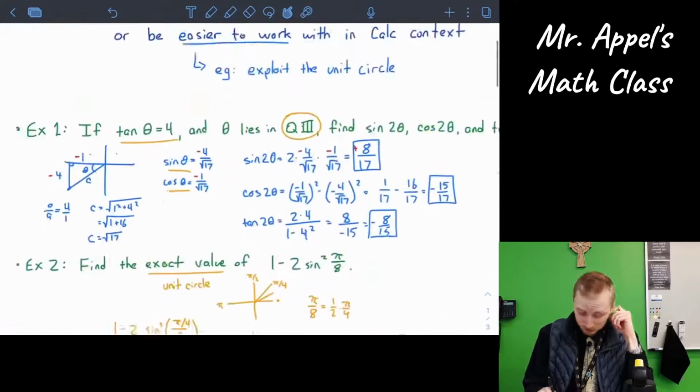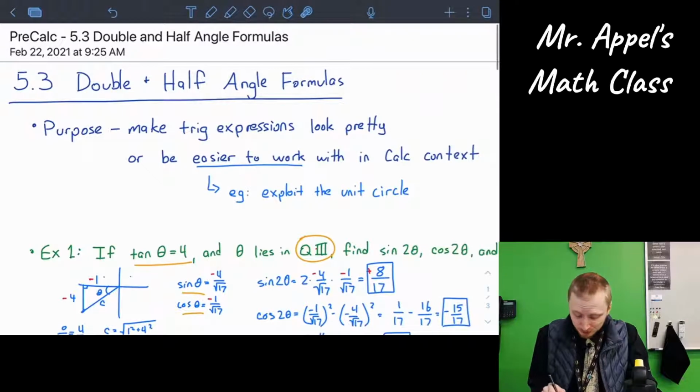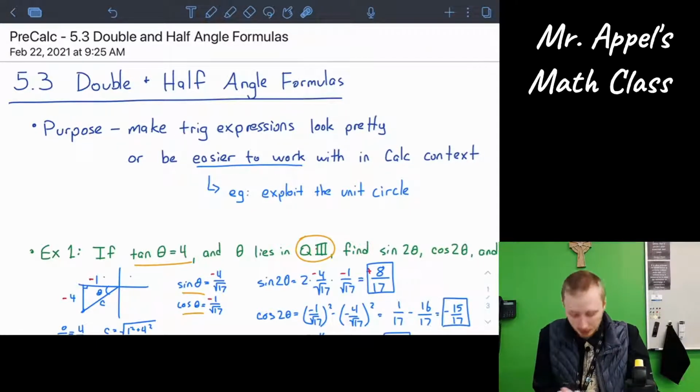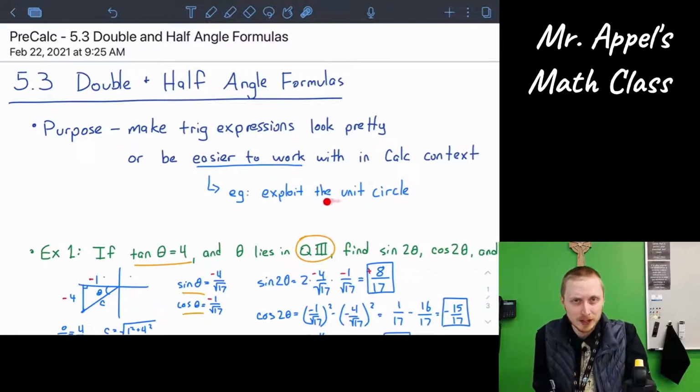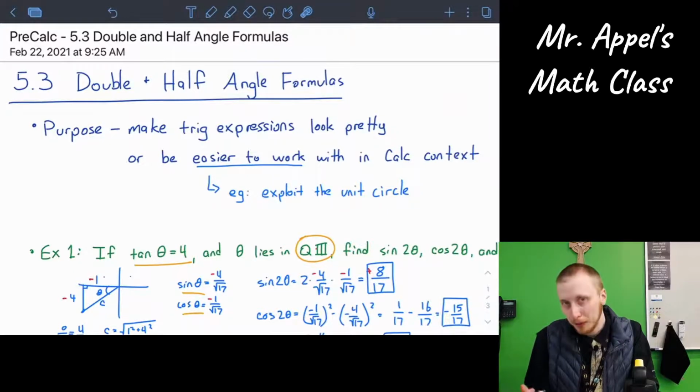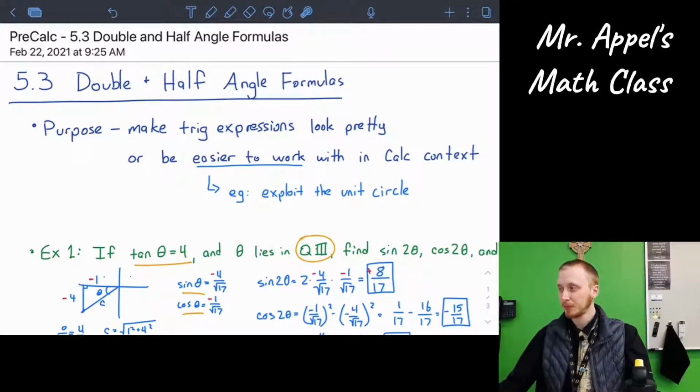Back to that big idea: we have come up with all these various formulas to make trig expressions easier to work with, to exploit our knowledge of the unit circle, and to make the incoming calculus applications more manageable. So keep that all in mind.